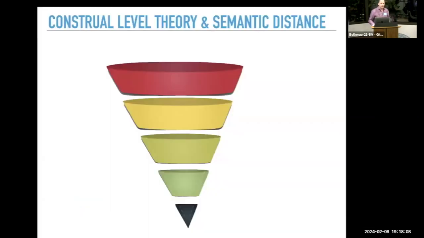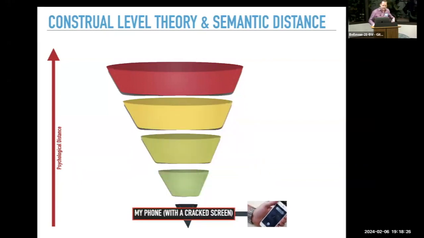Great. So this is a really ugly cartoon, but imagine that this cone is representing construals getting broader and more dissipated as we think about psychological distance increasing. So according to the theory, you could take, let's say, a very idiosyncratic example. This is my specific phone that has a specific color of case. It has my screensaver on it, et cetera.